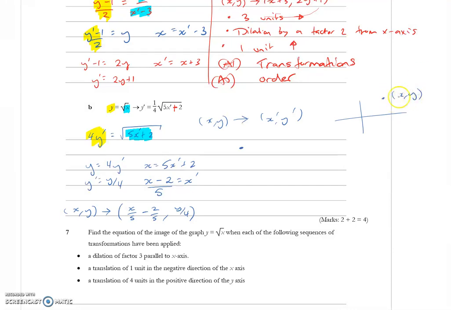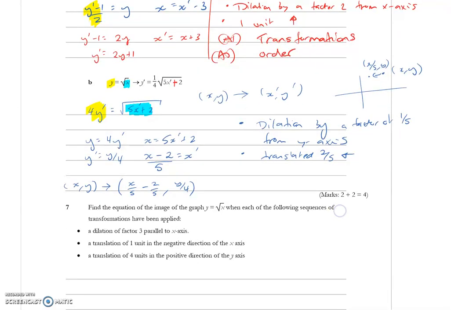Well, if you have an x, y point and it goes to x on 5, it goes there. So it's going towards the y-axis, so it's a dilation by a factor of 1/5 from the y-axis. And then it's translated 2/5 to the left, or 2/5 in the negative direction of the x-axis.